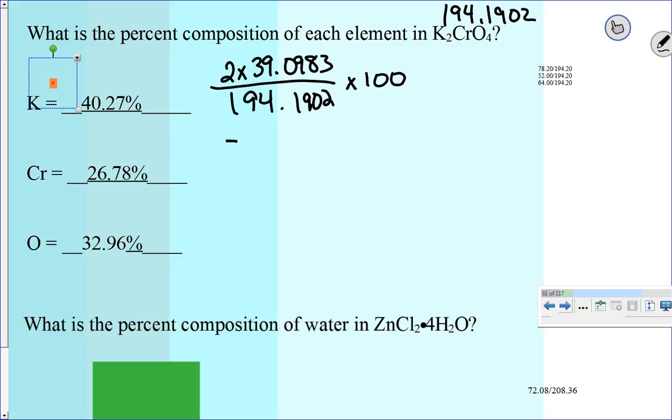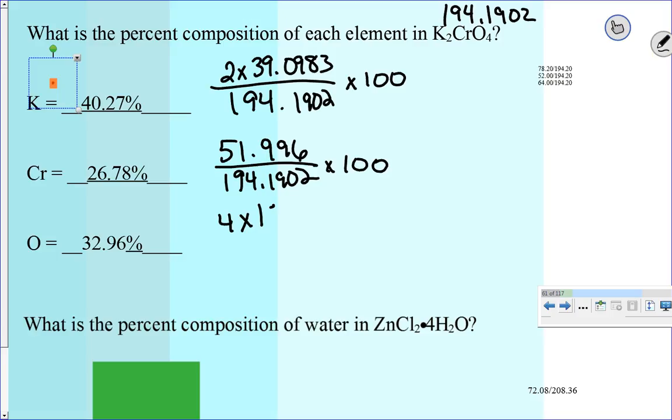For chromium, you're doing 51.996 over 194.1902 times 100, and oxygen was 4 times 15.9994 over 194.1902 times 100.